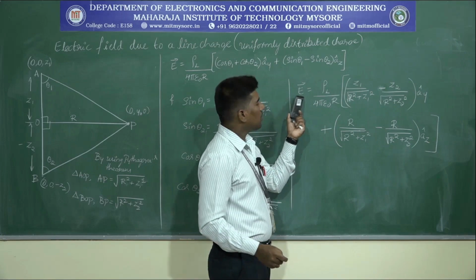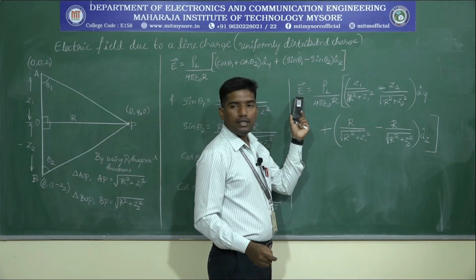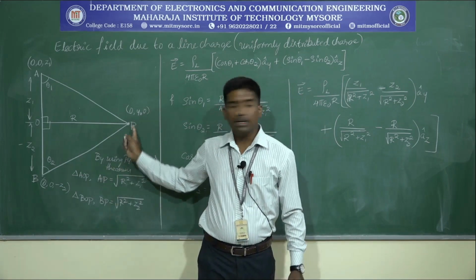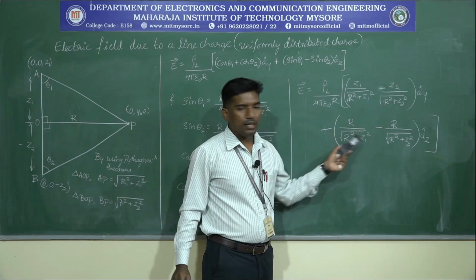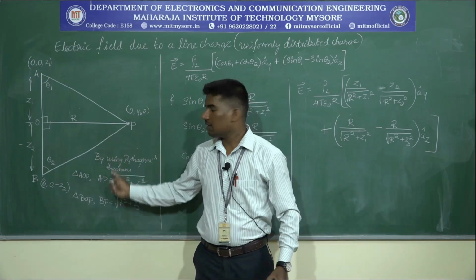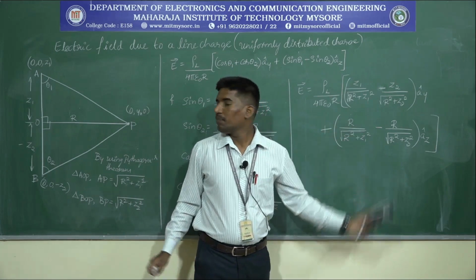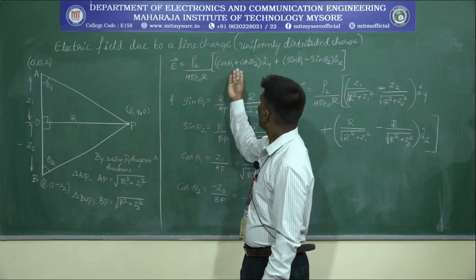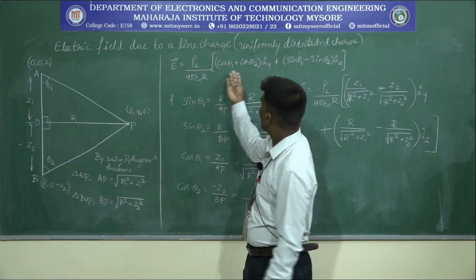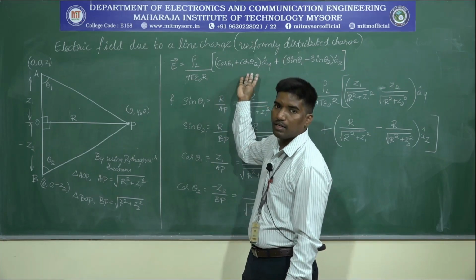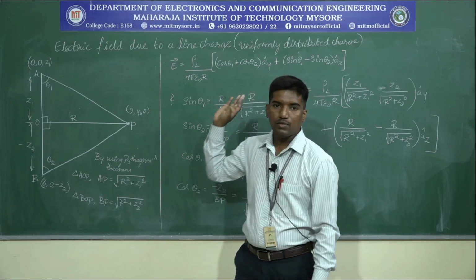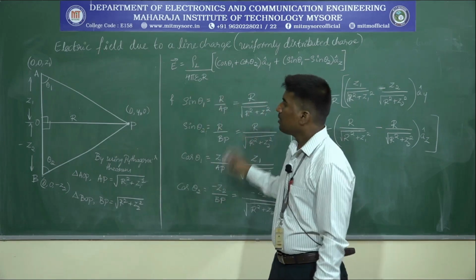So this is the equation for electric field intensity at point P in terms of geometrical coordinates. We can resolve this unit vector in terms of geometrical coordinates as well as in terms of trigonometric considerations, so we can represent it in both ways.